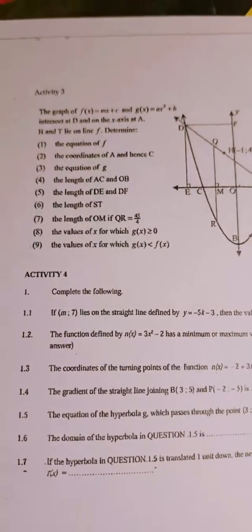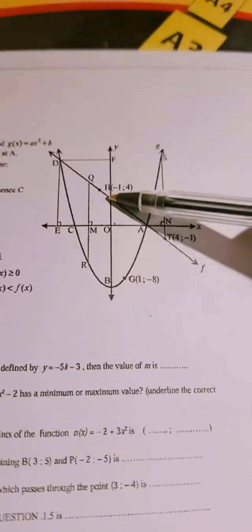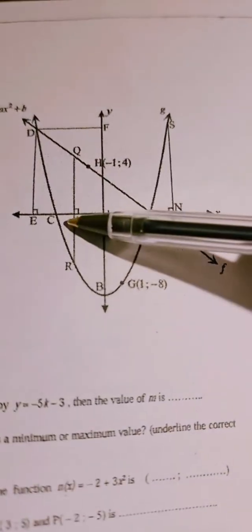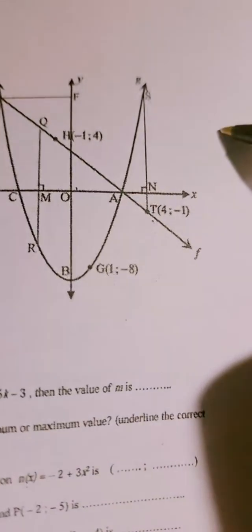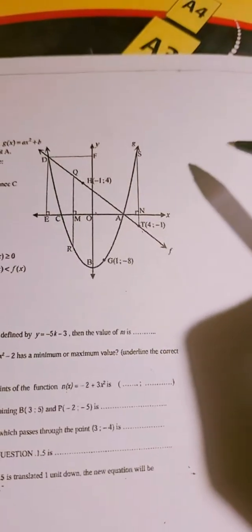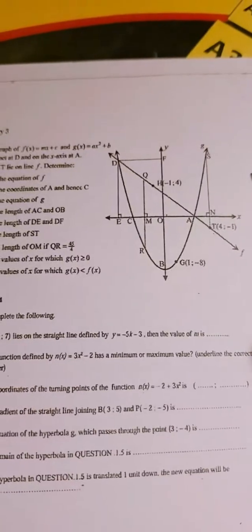Let's look at this one, number 7. The length of OM. Where's OM? Here is OM. The length of OM if QR. Where's QR? Okay, I don't see my Q, I don't see my R. Okay, there they are.